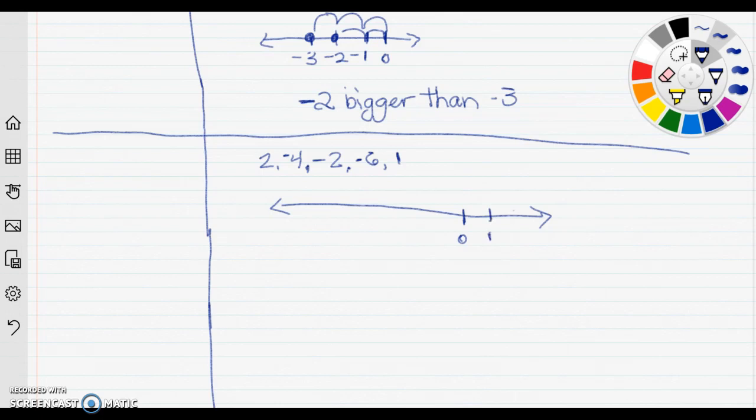So here's my 1, here's my 2. So let's plot our numbers. We've got 2, -4, -2, -6, and 1.